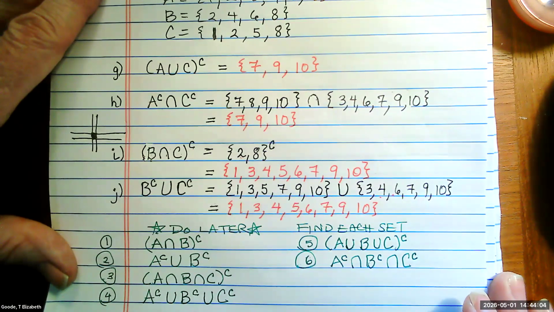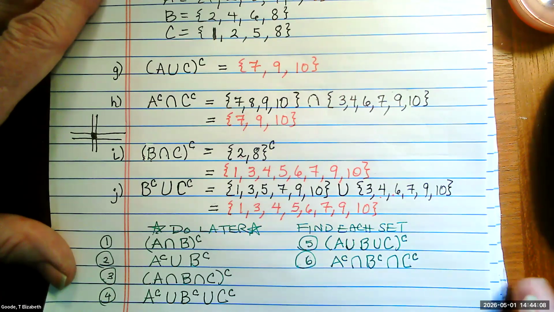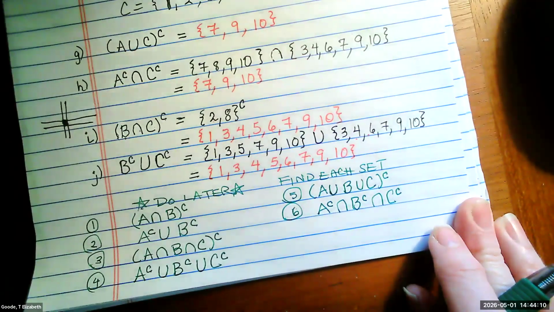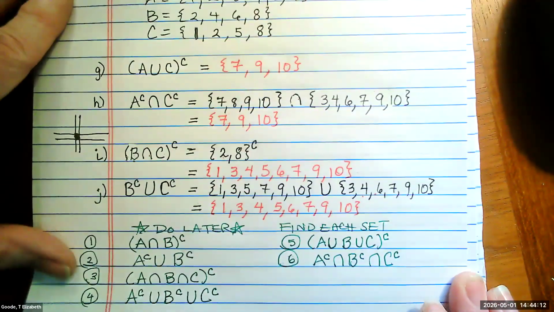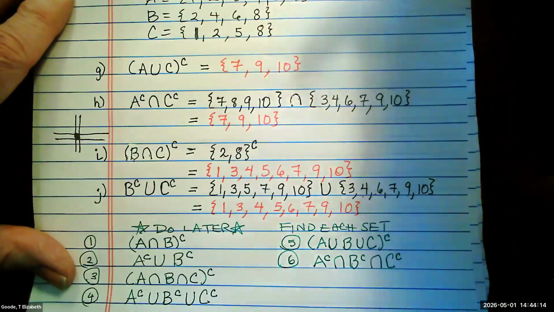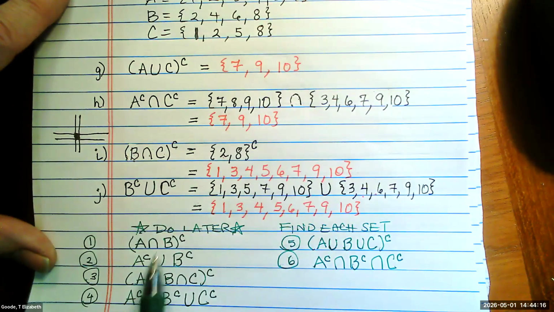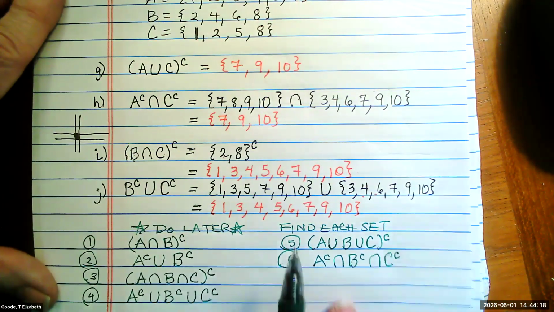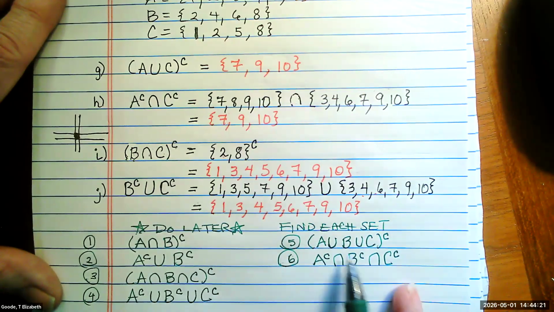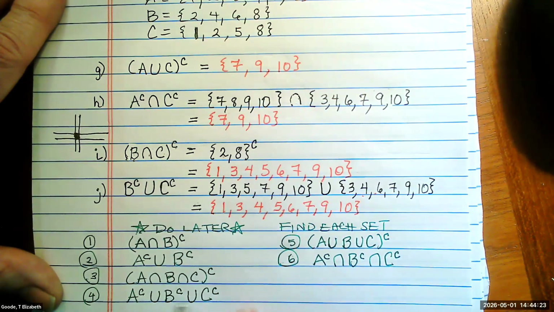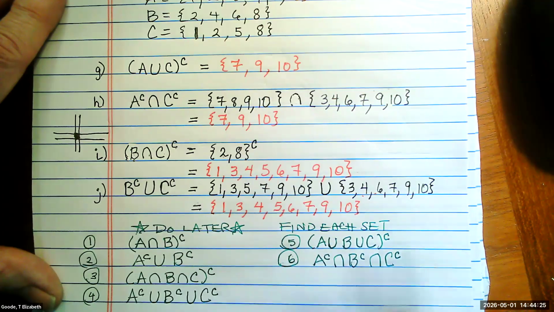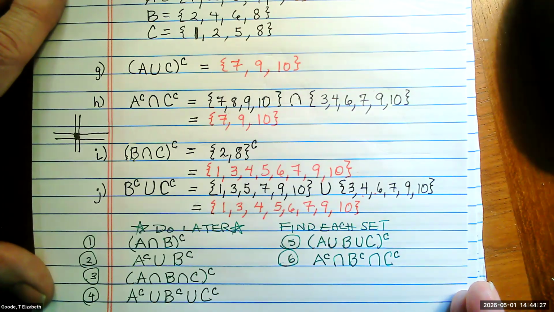That'll give you some practice, and you can ask about those at a later office hour. Because De Morgan's law just keeps going. You can play De Morgan's law with three sets. So these are the two De Morgan's laws using three sets. If we had four sets, we could play De Morgan's laws with four sets, and so on and so forth.